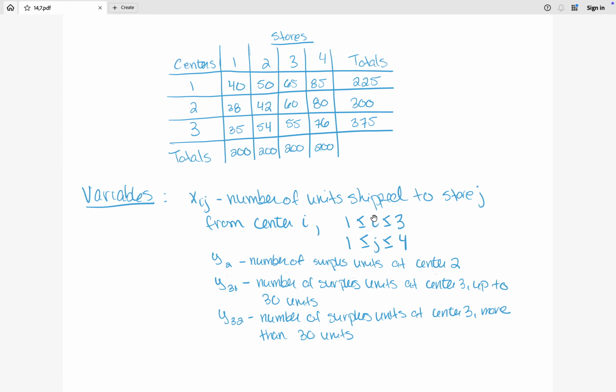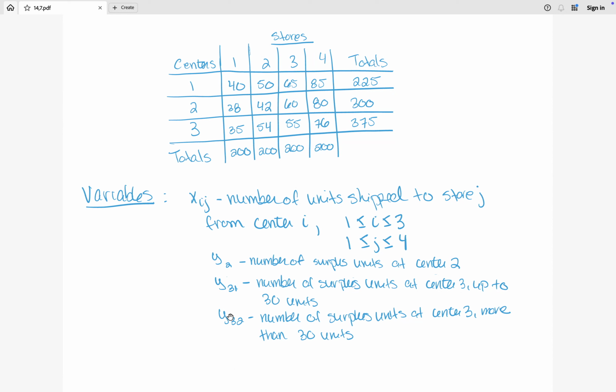So since we could sell the surplus from centers 2 and 3, I included extra variables. So I just used Y. Y sub 2 is going to be the number of surplus units at center 2. But then center 3, I needed 2 variables. So I just chose Y sub 3 1 and then Y sub 3 2. I could have done probably Y sub 3 prime and Y sub 3 double prime.